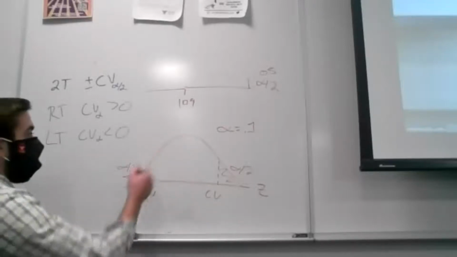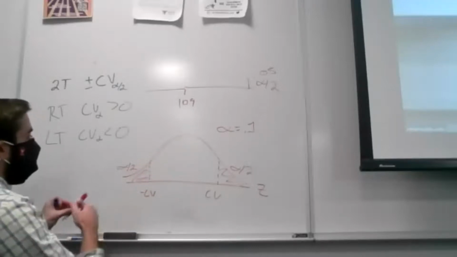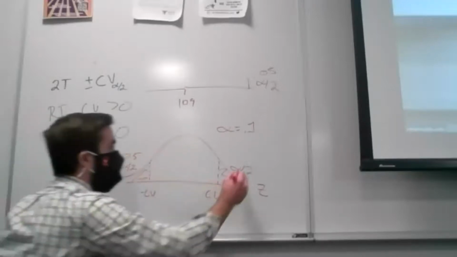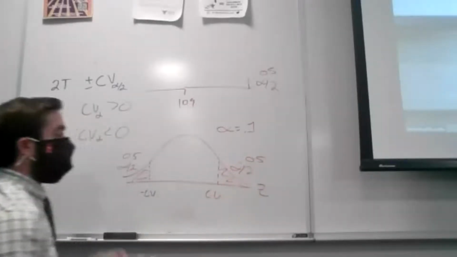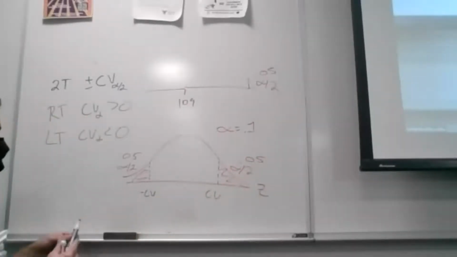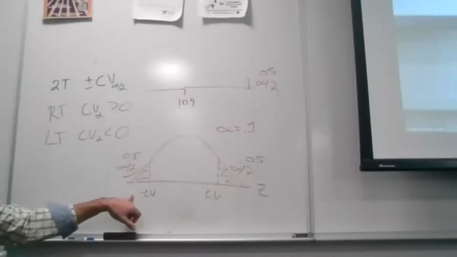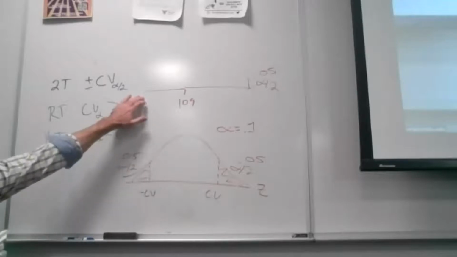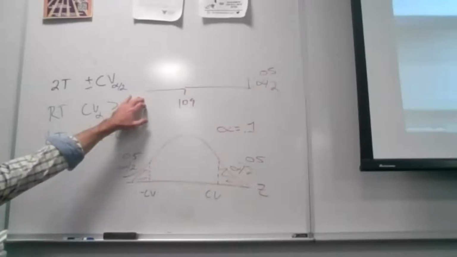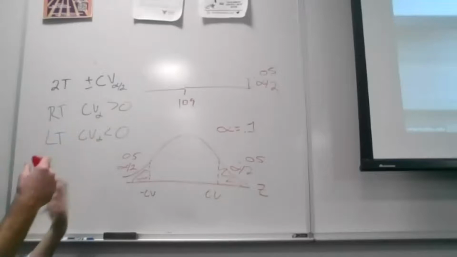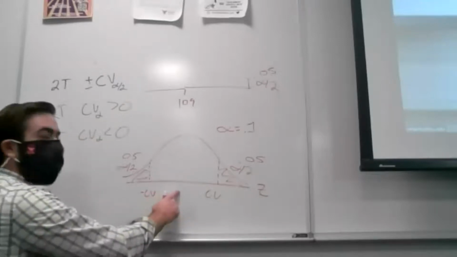So alpha of 0.1, that's what? 0.05 in each tail. We're using a standard normal distribution, so we don't need degrees of freedom here. In fact, a two-tailed test is very similar to a confidence interval. If I wanted the z-value that gives me alpha over 2 on each tail, that's what I'm doing here, right?